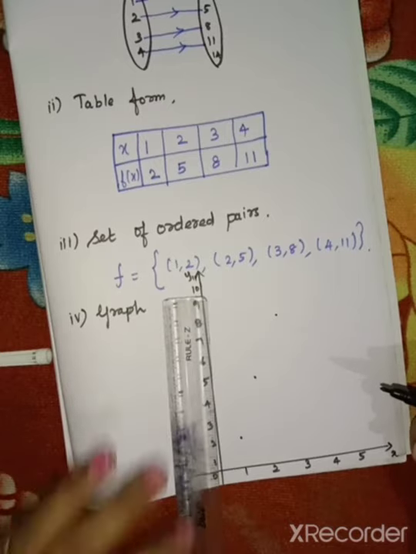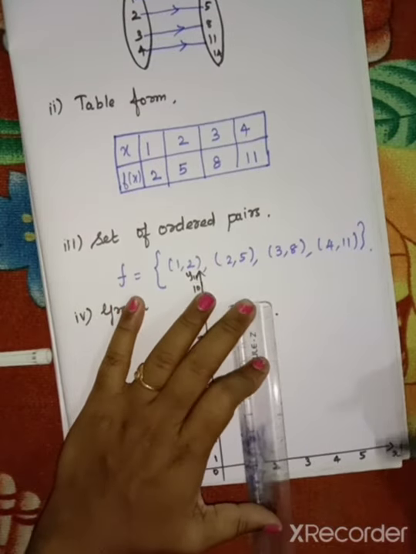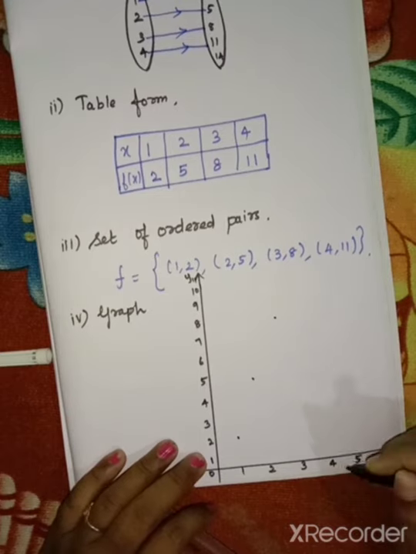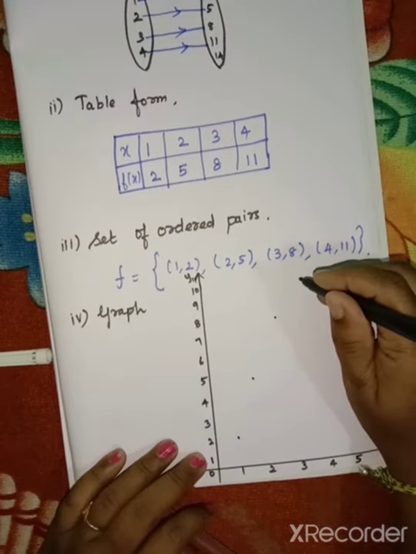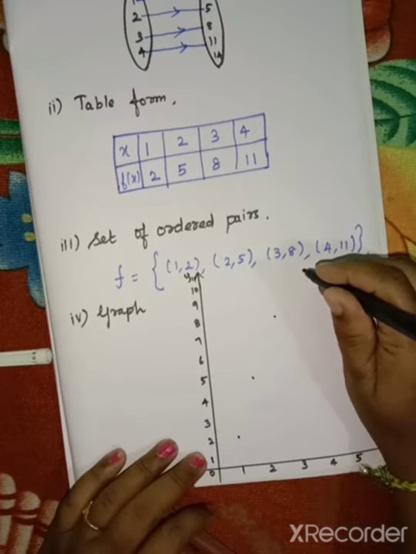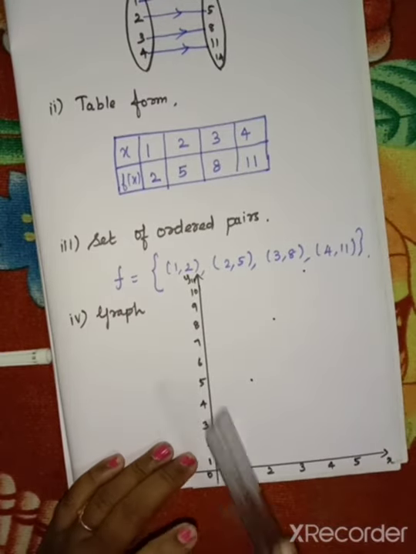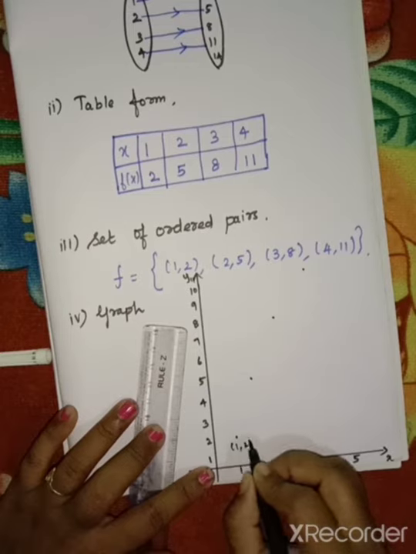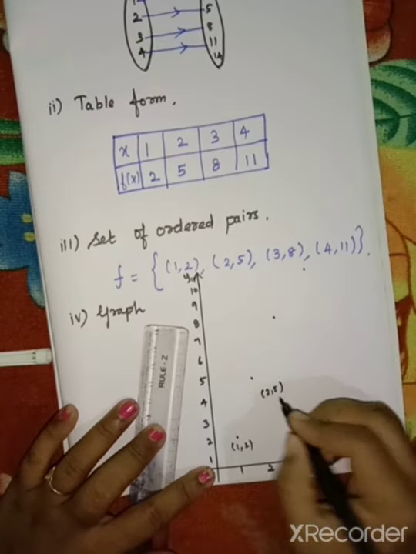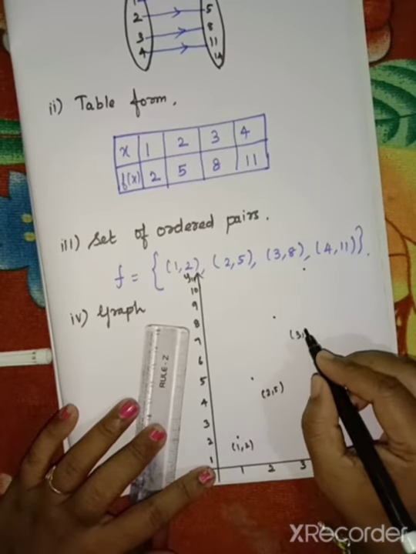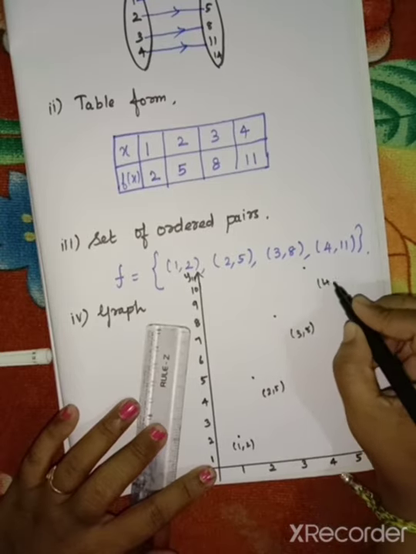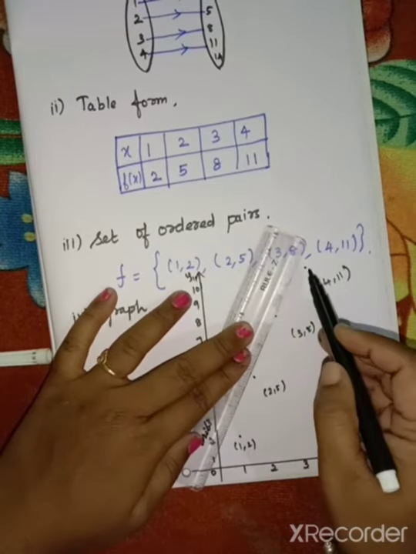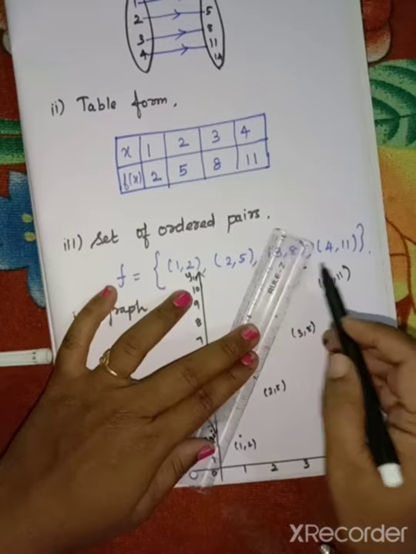If you didn't know, you have to use a scale to point it out. Then for 4 we have 11. So just write the points 1 comma 2, 2 comma 5, 3 comma 8 and 4 comma 11. Then join all the points.